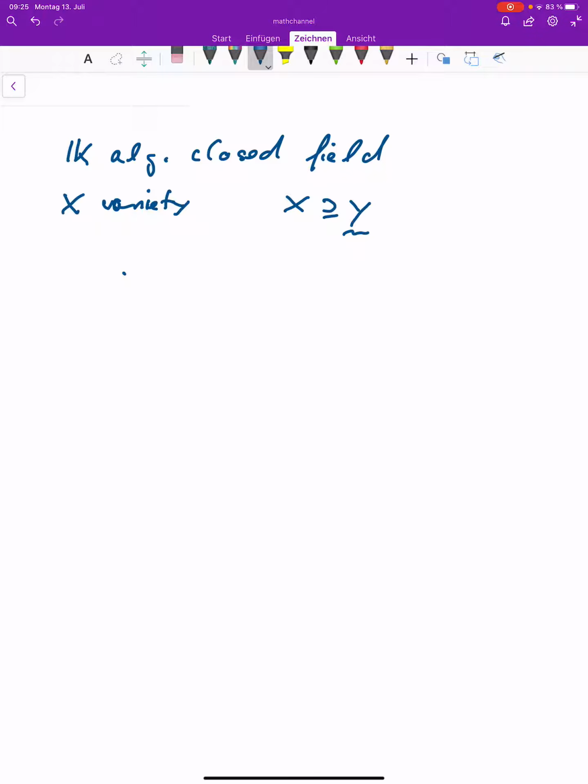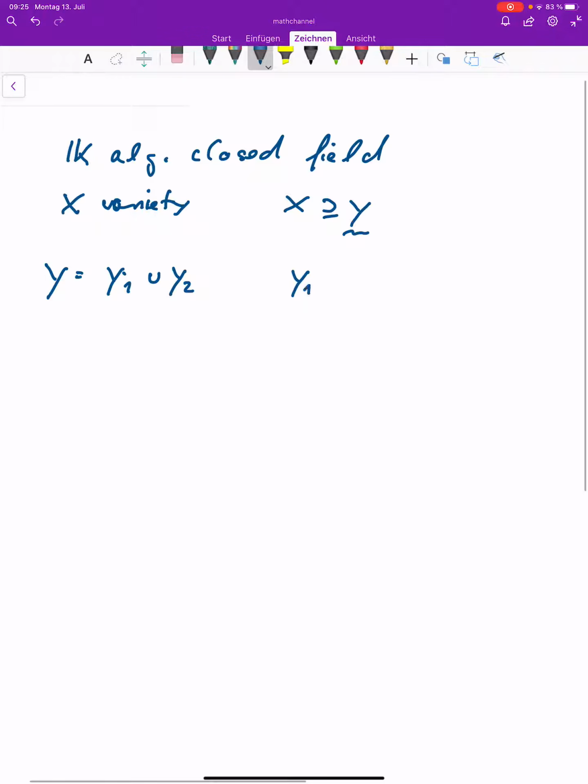So first of all, let me remind you, because we have talked about this in a previous video, what reducible means. So Y is called reducible if it is the case that you can express Y as a union of two non-empty closed proper subsets Y1, Y2.